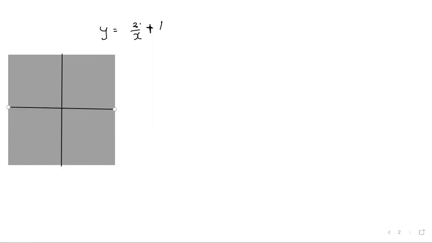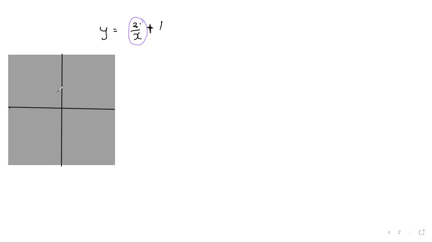This part here will give you this part here. If y was equal to 2 over x, we will have something going up this way and that way.